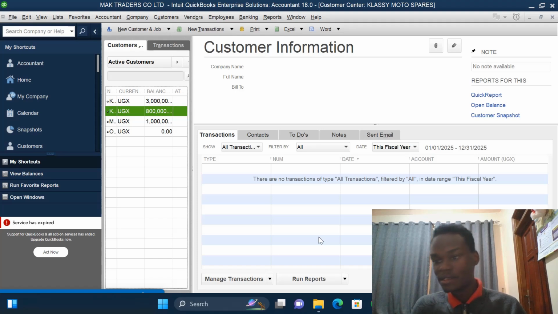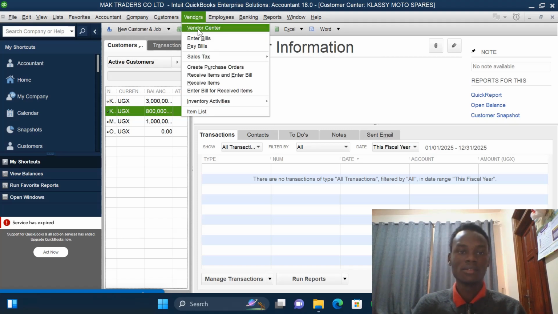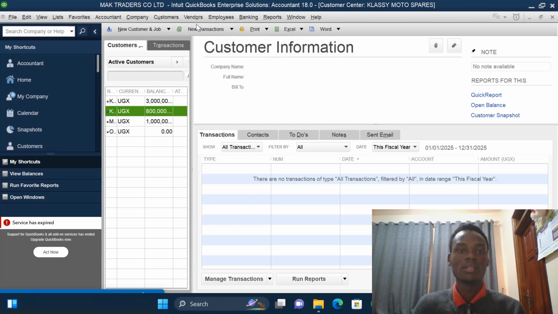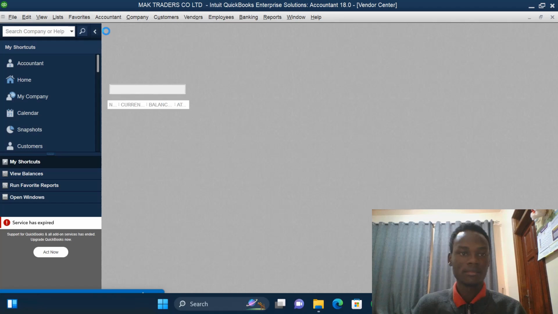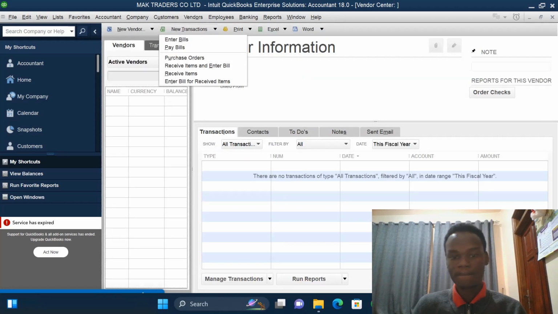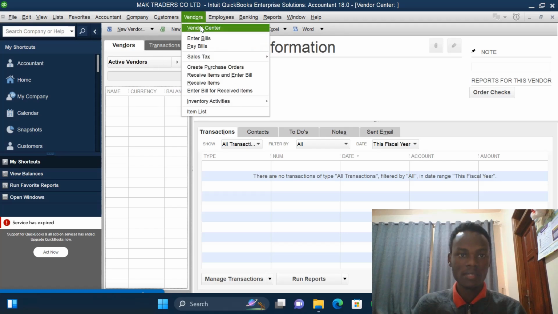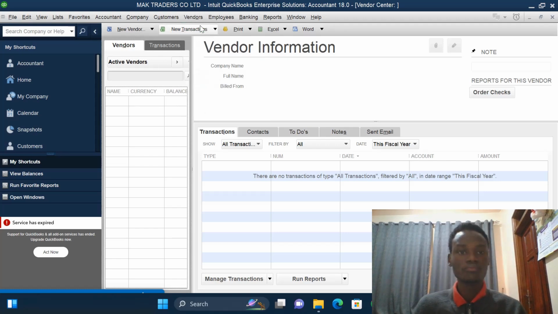Then our part D says the company suppliers and their balances 1st January 2023. So we never remove that suppliers are vendors. So go to our vendor center up here. Then new vendor.